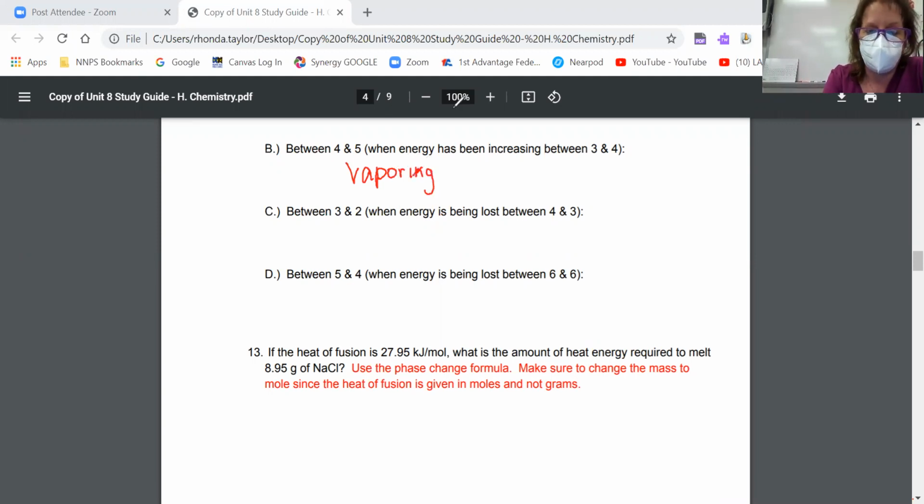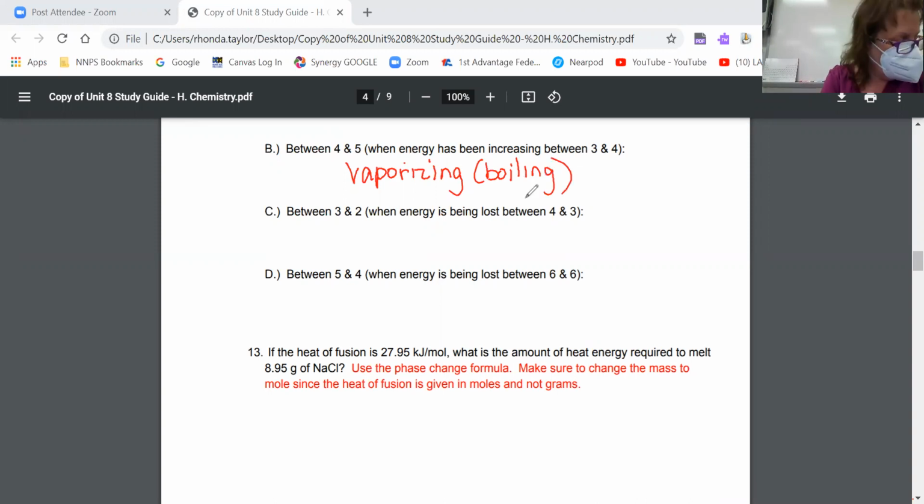Vaporizing, if I could spell. That's when you get to that boiling, which most of y'all know it as boiling, but it is turning into a vapor.